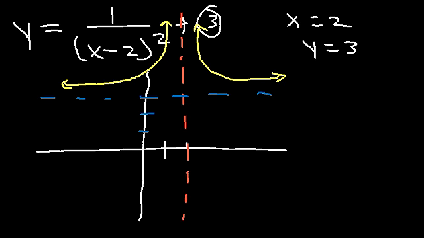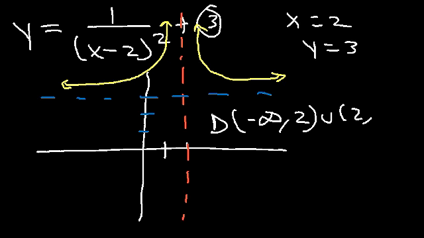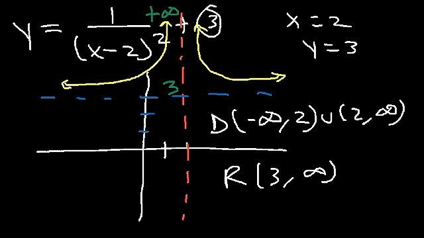So therefore, to write the domain, it's going to be everything except the vertical asymptote of 2. And the range, we can see that the lowest y value is 3, but it doesn't include the horizontal asymptote at y equals 3. And the highest y value is infinity. So the range is from 3 to infinity.